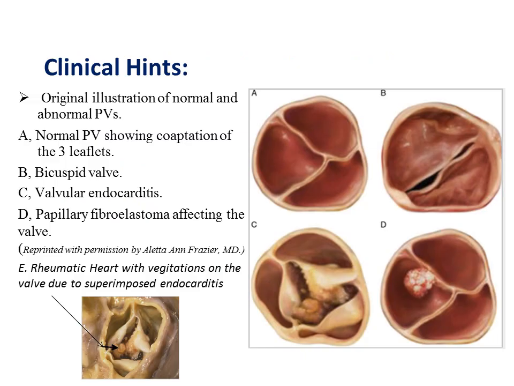Just for some clinical ideas in this presentation, as you know, many diseases could affect the heart valves. Namely, in the pediatric age group we have rheumatic heart disease, rheumatic endocarditis, or valvitis, and the valve will be affected.